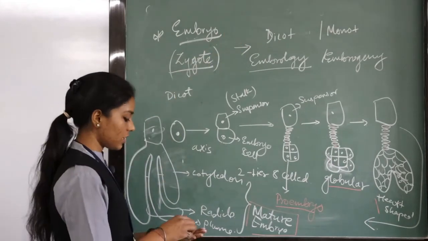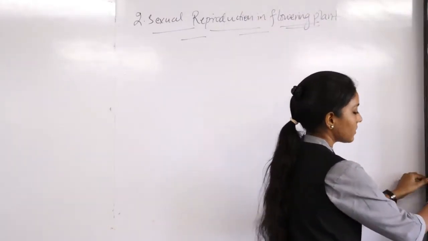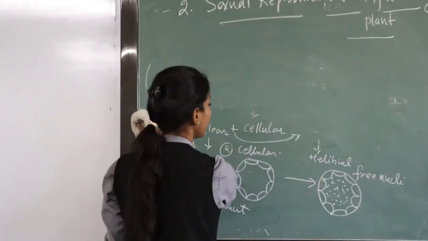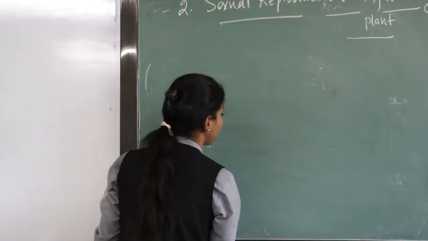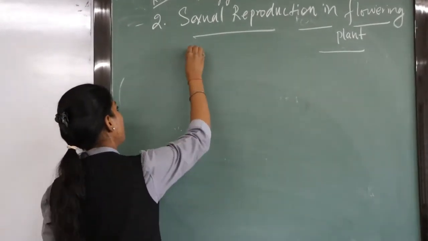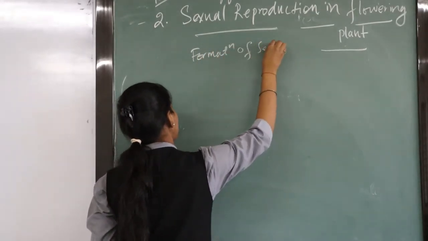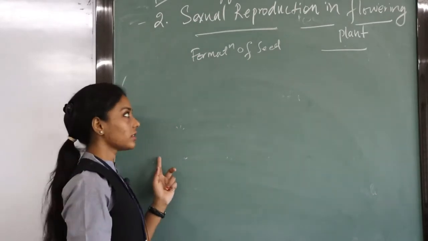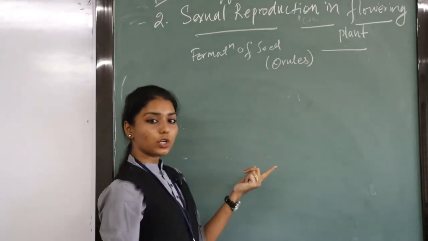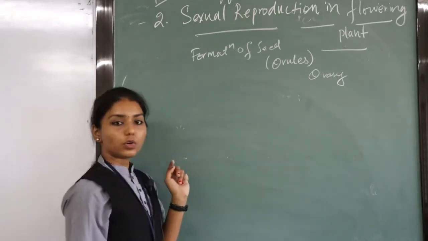Now we will see the next part, that is formation of seed. In formation of seed also, monocot is different and dicot is different. Before seeing the formation of seed: seeds are formed from ovules, and fruits are formed from the ovary.